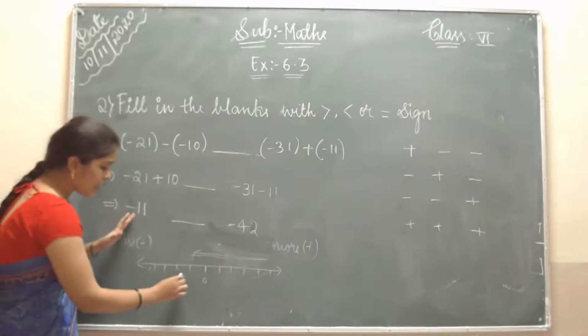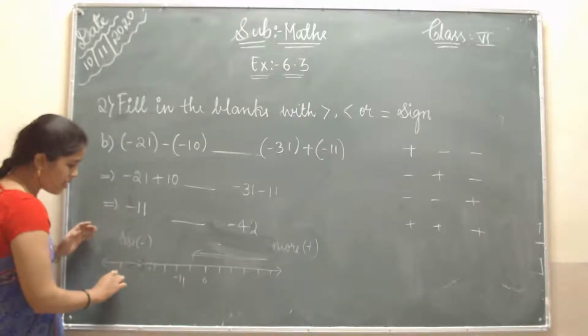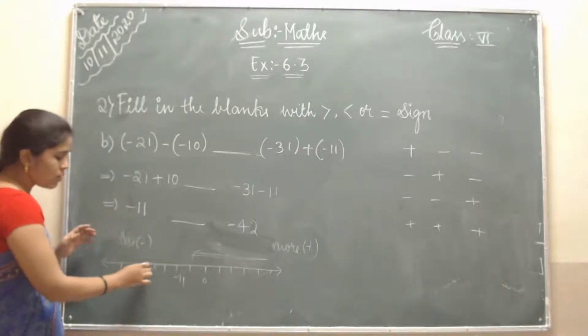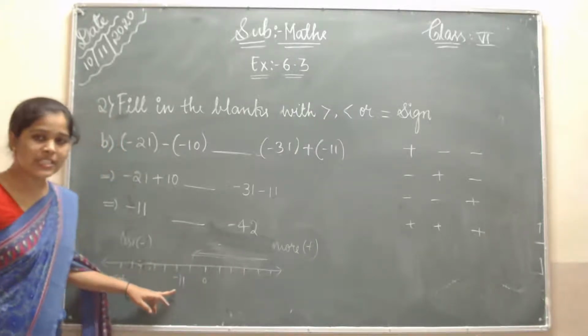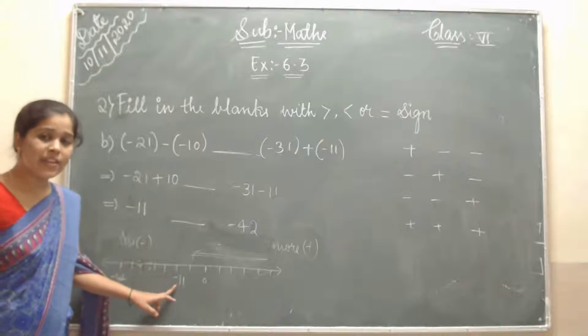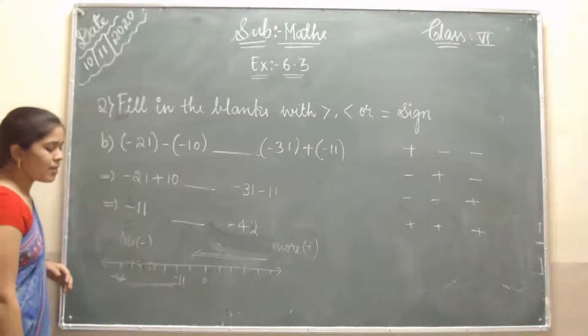For example, here minus 11, and here minus 42. Which integer comes first? Yes, minus 11 comes first. Comparing these two, which is the greater number?